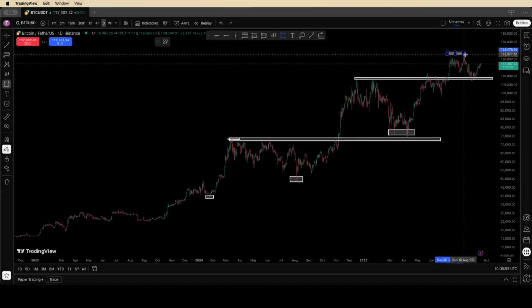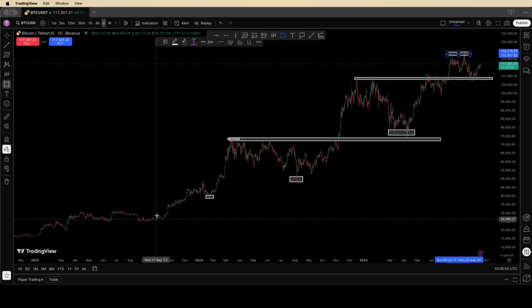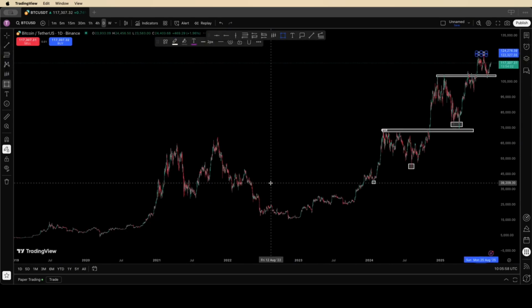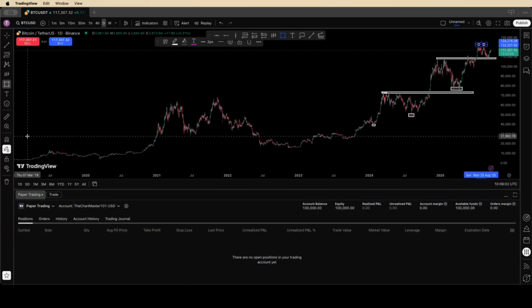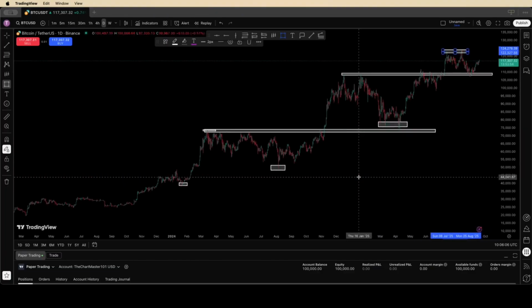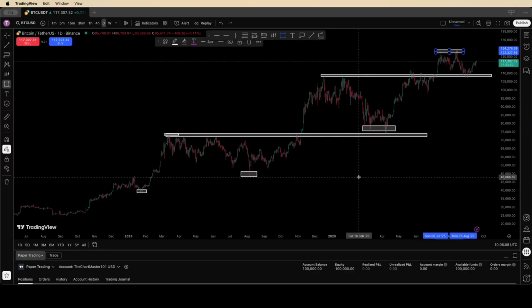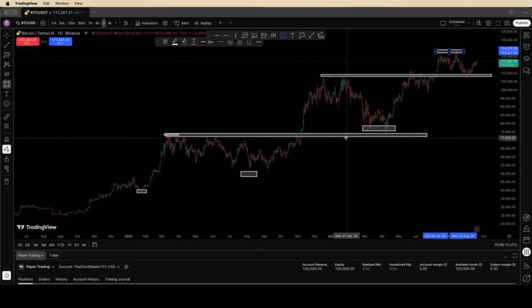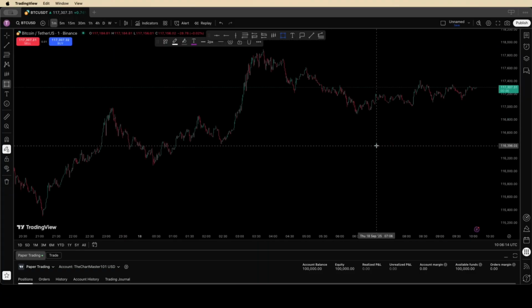Okay, so what you guys can do is take a chart and do some practice. Go to your paper trading, just take some entries, take a screenshot and see why you took the trade. So every single time, you go to maybe 1 minute and then you do your analysis there.